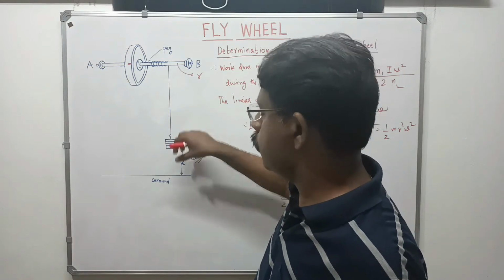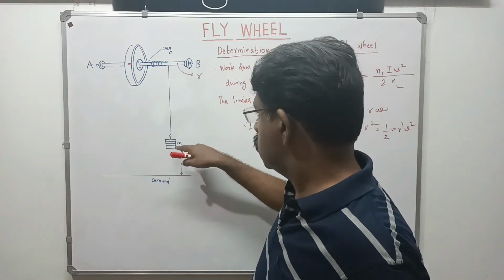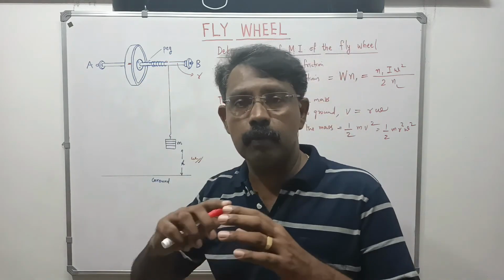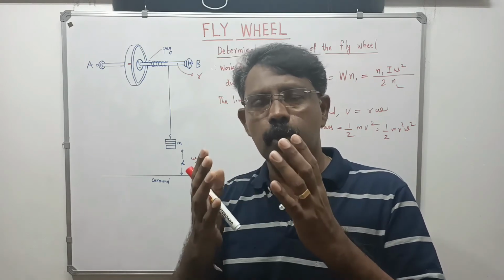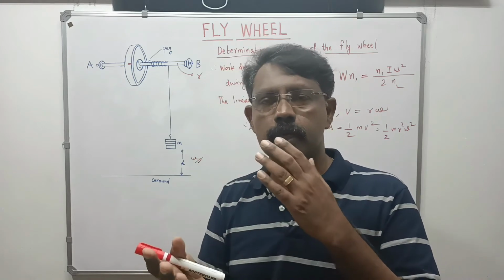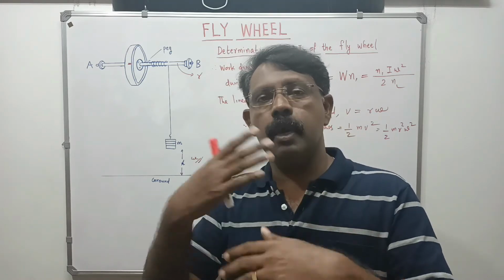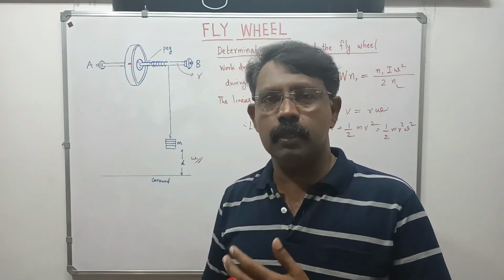ഓക്കെ, when I am allowing the mass to go down, what is happening is that there is some energy spent for rotating the wheel, that is rotational kinetic energy. There is some amount of energy spent for moving the mass down, that is linear kinetic energy. Also there is friction in the flywheel, അതിനെ ഓവർകം ചെയ്യാൻ വേണ്ടിയും എനർജി ഉപയോഗിക്കുന്നുണ്ട്. ഇനിയും ഈ എനർജി ഒക്കെ എവിടുന്നാണ് കിട്ടുന്നത്?